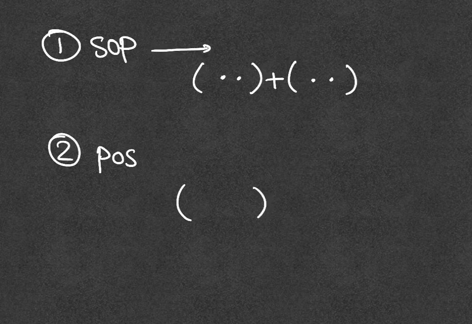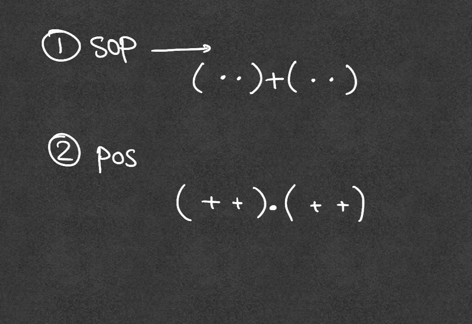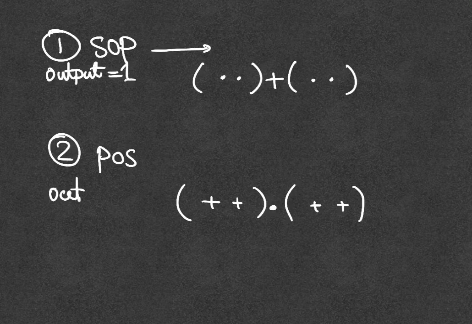But for POS, you put addition inside of parentheses and multiplication outside. For sum of products, you write down the Boolean function for when the output is 1. For POS, you write it down when the output is 0.